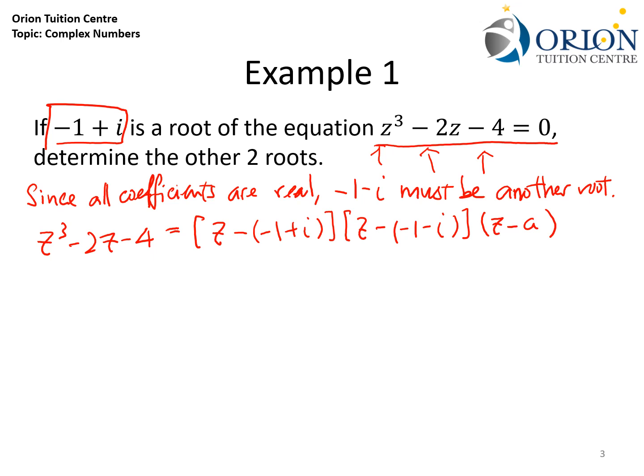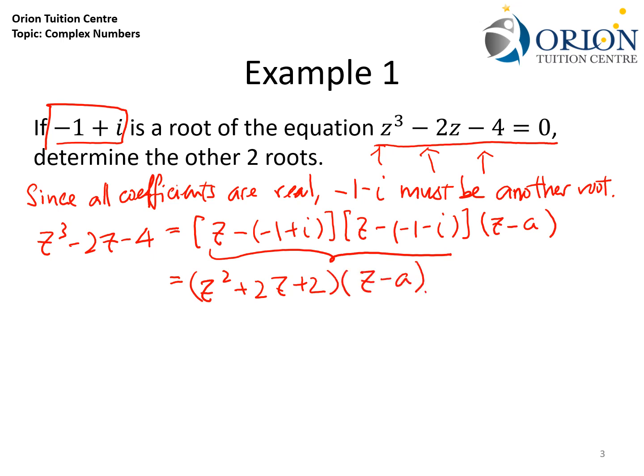So we can simplify this first by combining the first two terms to get z squared plus 2z plus 2 multiplied by z minus a.